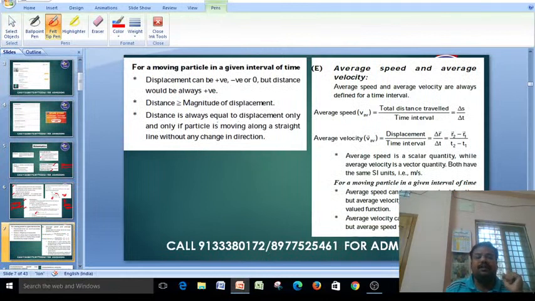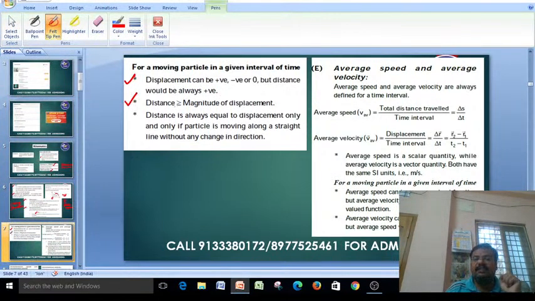Next, for a moving particle in a given interval of time, let us take the major points based on the distance and displacement of a particle. Distance would always be positive because it cannot decrease, while displacement can be positive, negative or 0.